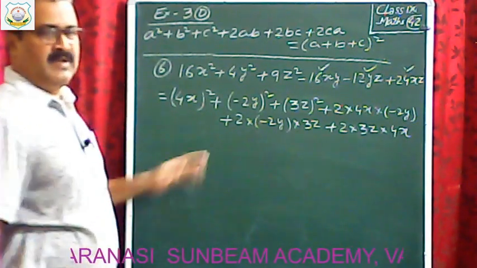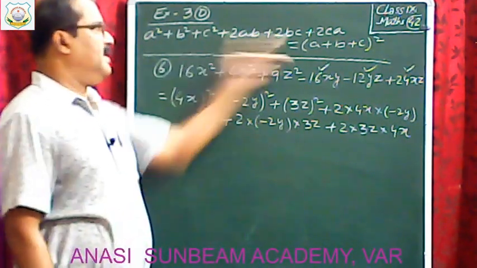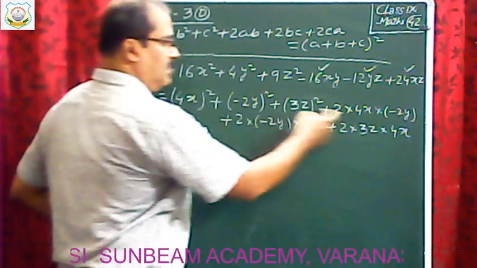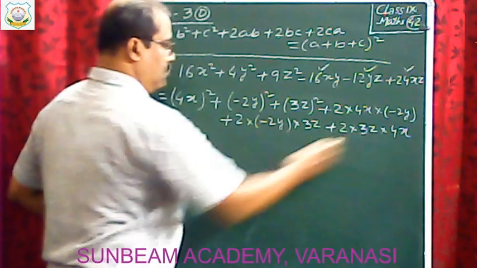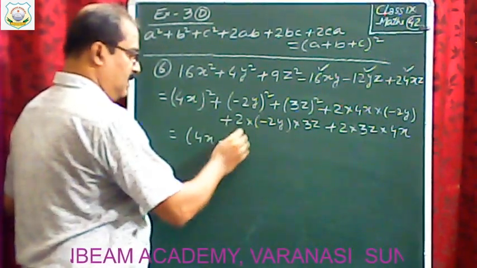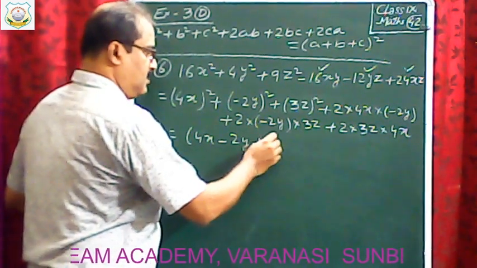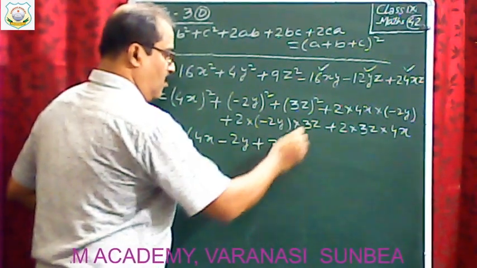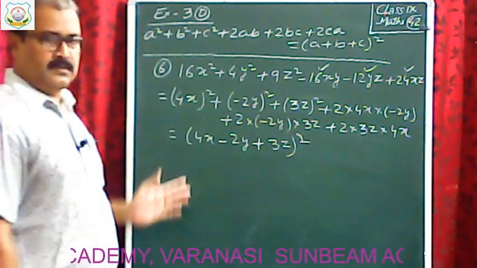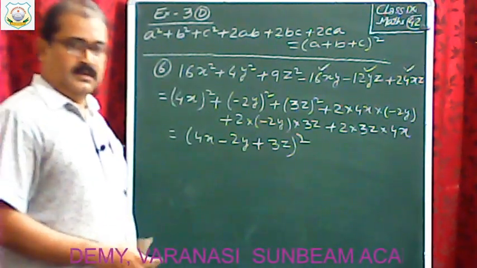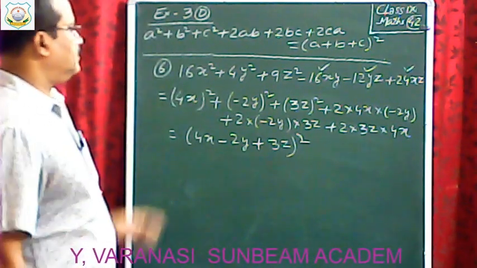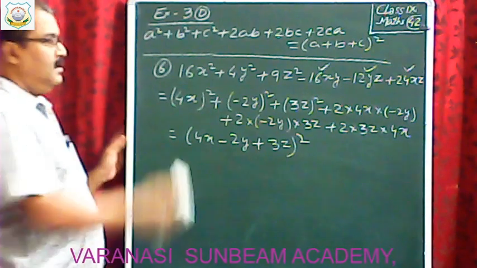So means in this way you have to formulate according to the identity, and that is equal to getting the form a square plus b square plus c square plus 2ab plus 2bc plus 2ca, that is equal to a plus b plus c whole square, which is 4x minus 2y plus 3z whole square. That's all. All in two-step solutions. Okay, but it's logical. Be careful and then proceed. Done, everybody?